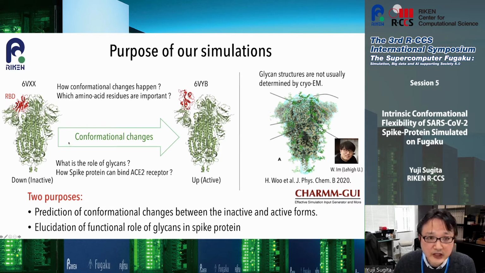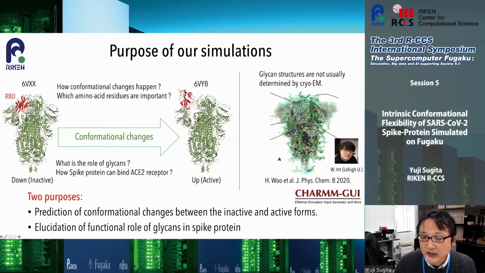How this conformational change happens is of great interest for us. And for this conformational change, what kind of interaction is important? And the second question is, what is the role of glycans in the spike protein?